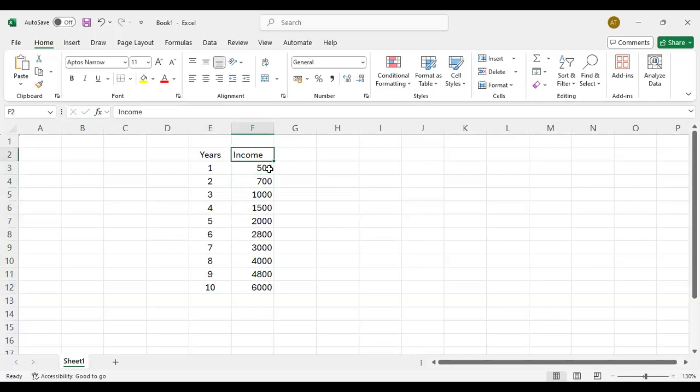So in year one, I receive 500, but from year two onwards, this income is in future. So what is the value of 6,000 which I get in 10th year? I need to find out their present value. So there is a formula for present value. So let's work it out first.